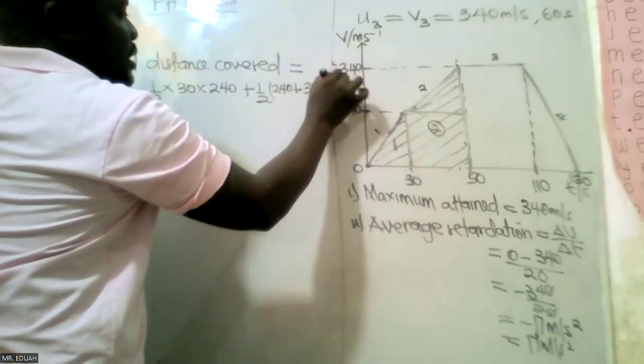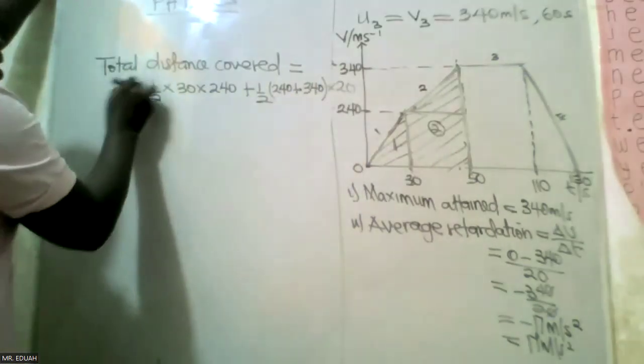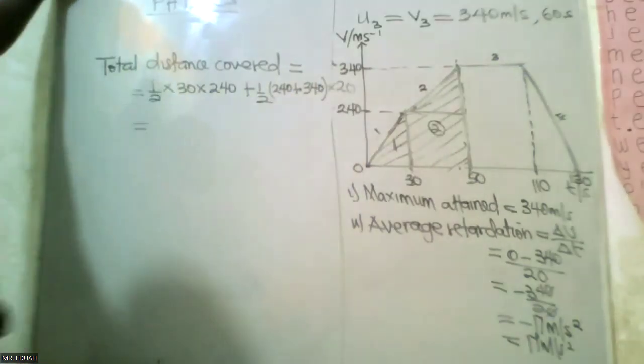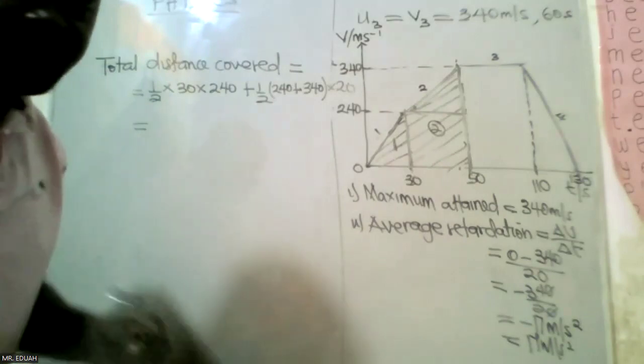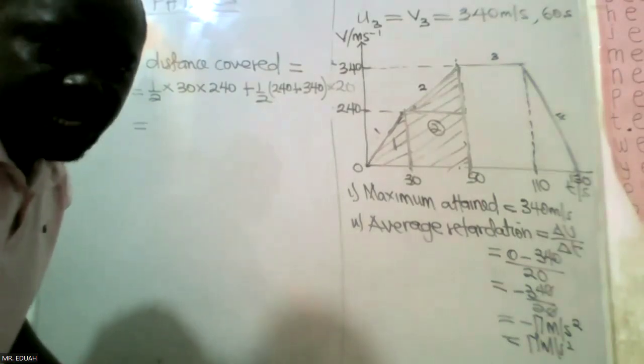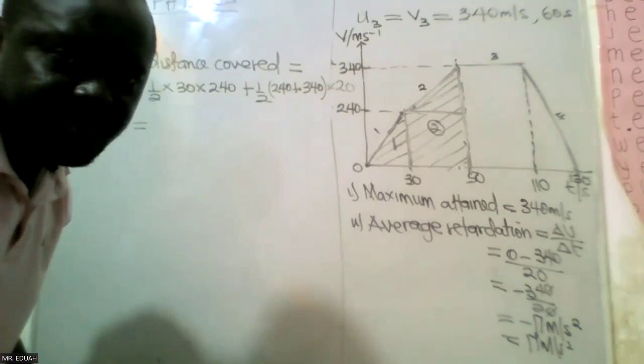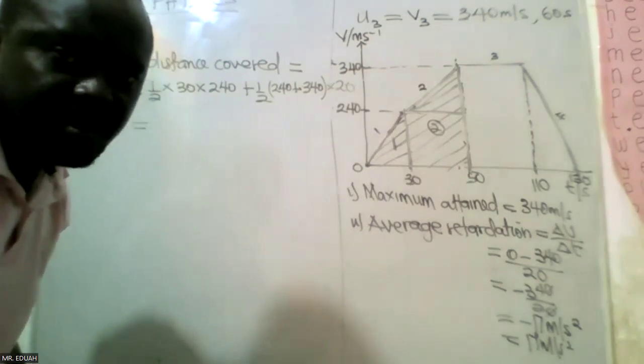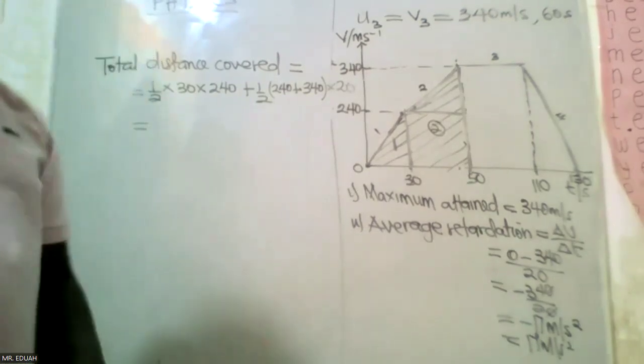So times 20. So in all, I want you to quickly calculate and tell me.